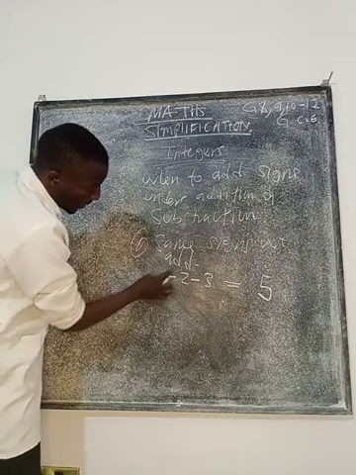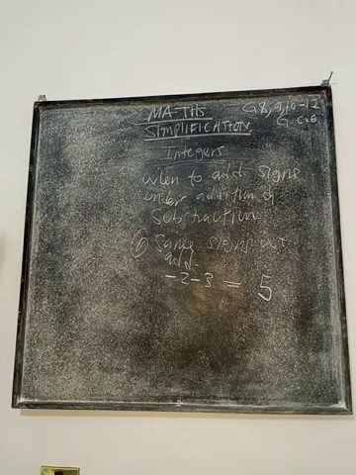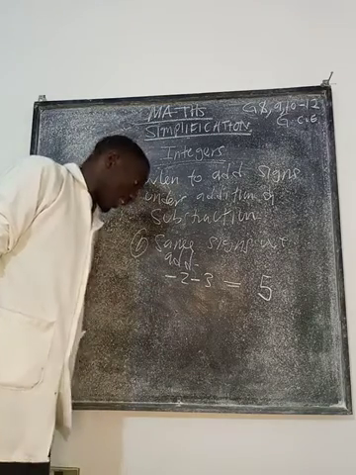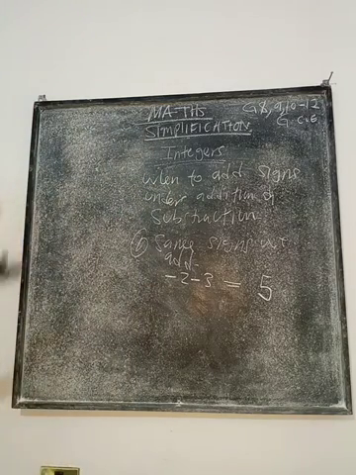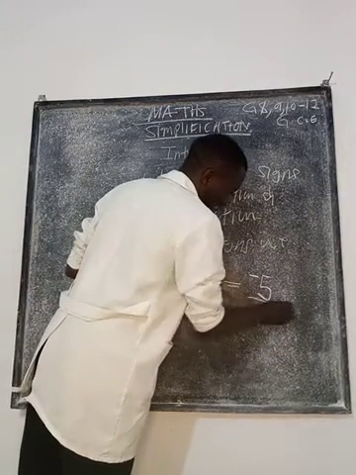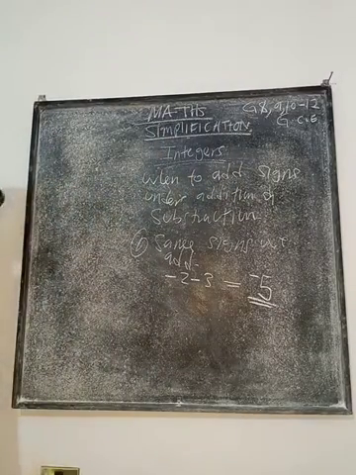So you check which number is big between these two. The advanced math will say -3 is larger, so it will have the sign of that. So as you can see, that is -5.